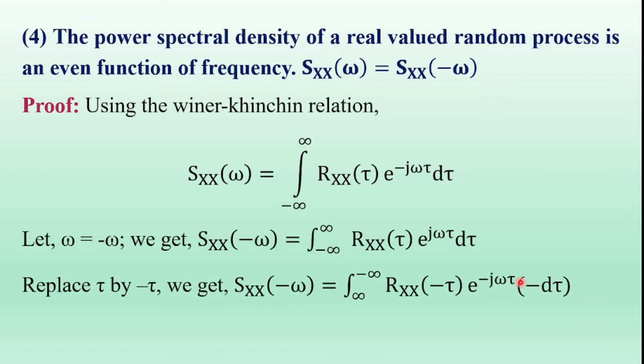Once again I will explain the RHS term of this equation. In this equation, tau is replaced by minus tau. The new ranges of tau are plus infinity to minus infinity. So d tau is equal to minus d tau.